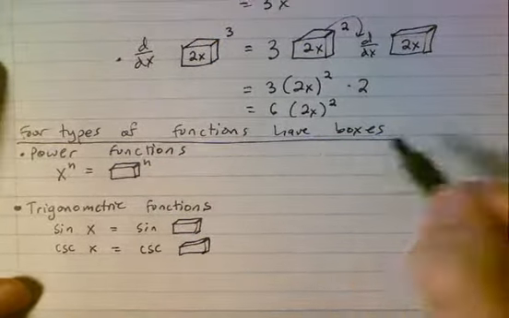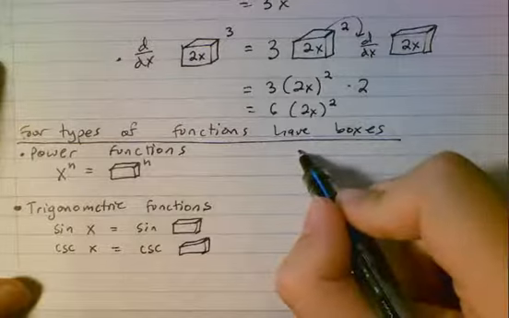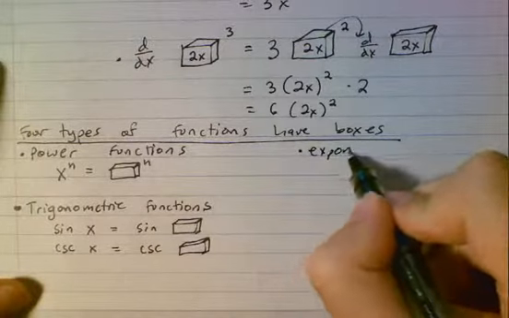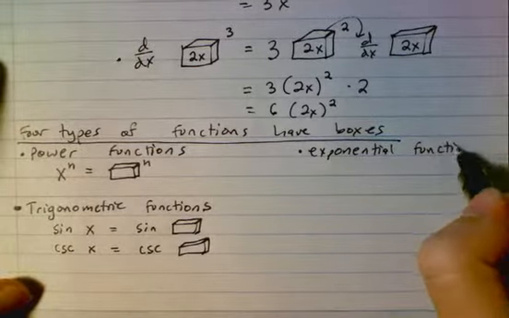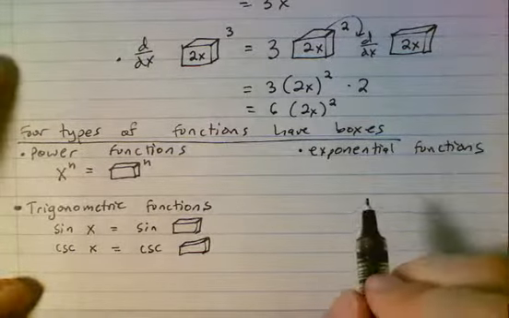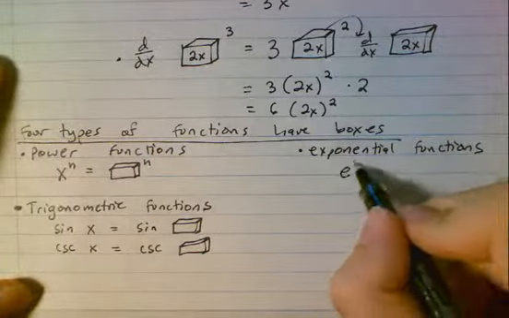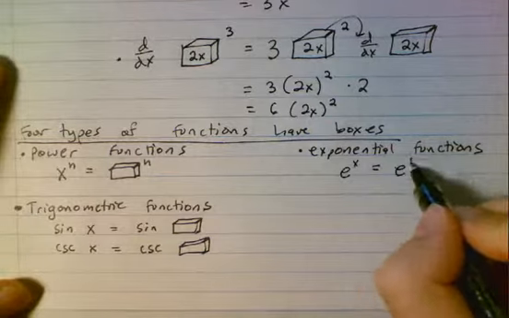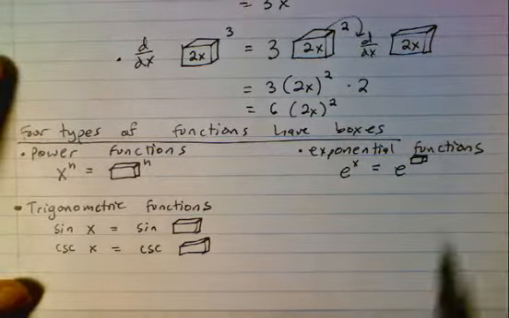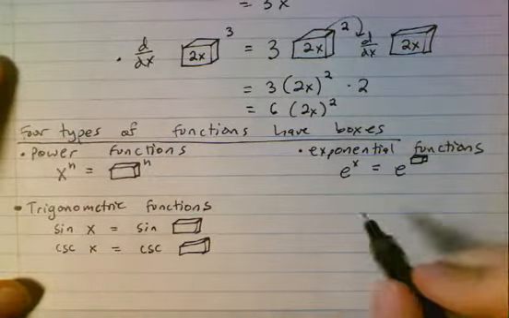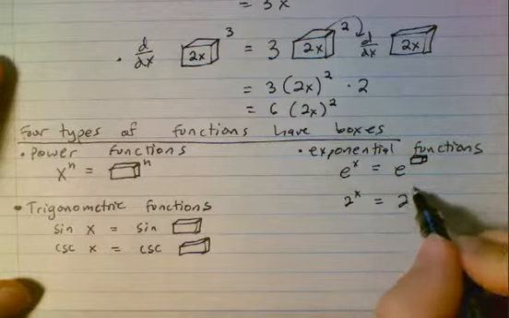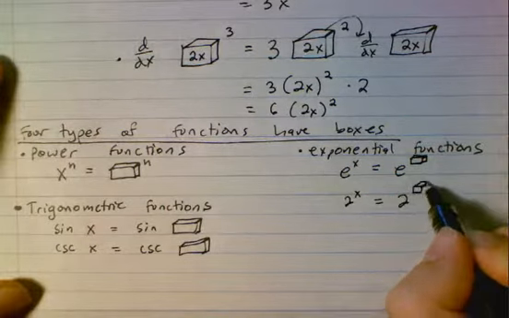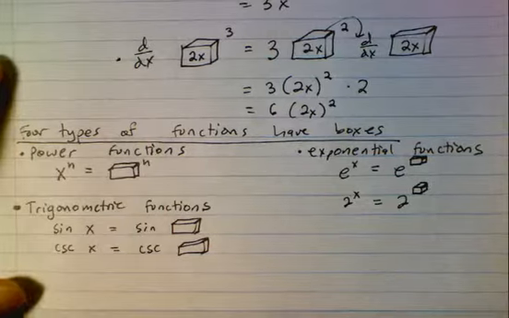We've also got exponential functions. So e to the x is really e to the box, or 2 to the x is really 2 to the box.